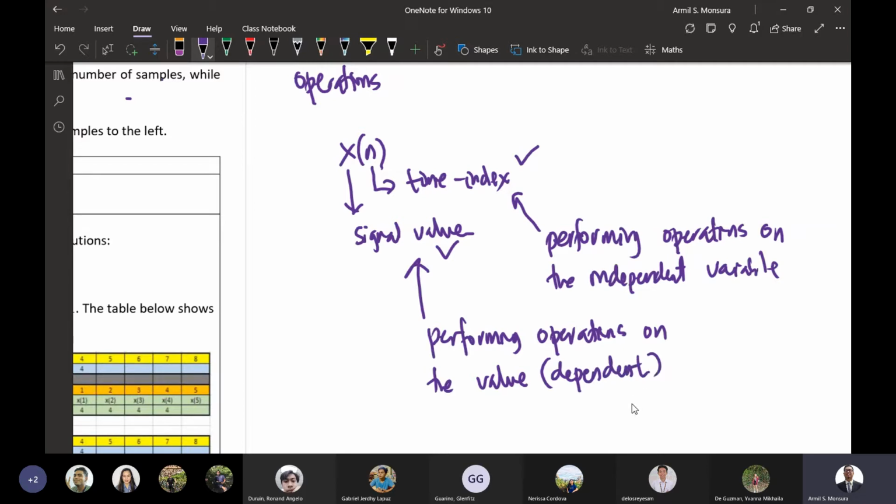Again, the signals that we are dealing with mostly in this course are discrete time signals, which means they are dependent on time. So, yung signal value ninyo nakadepende sa time. Yung time na yun is represented by your time index. And yung dependent variable ninyo is your signal value. So, essentially, dyan iikot yung discussion nung simple manipulation of signals. Nakagrupo yung mga operations niyo into this and into this. Okay? Naintindihan ba to?